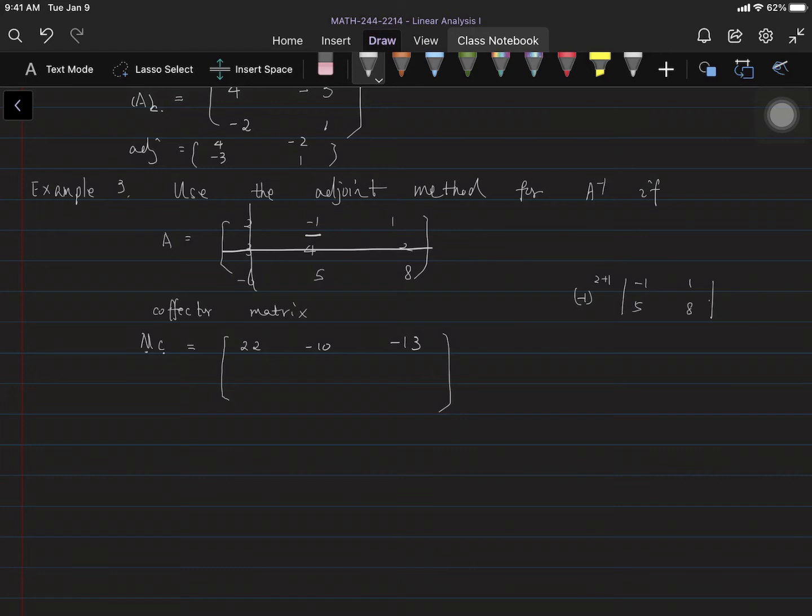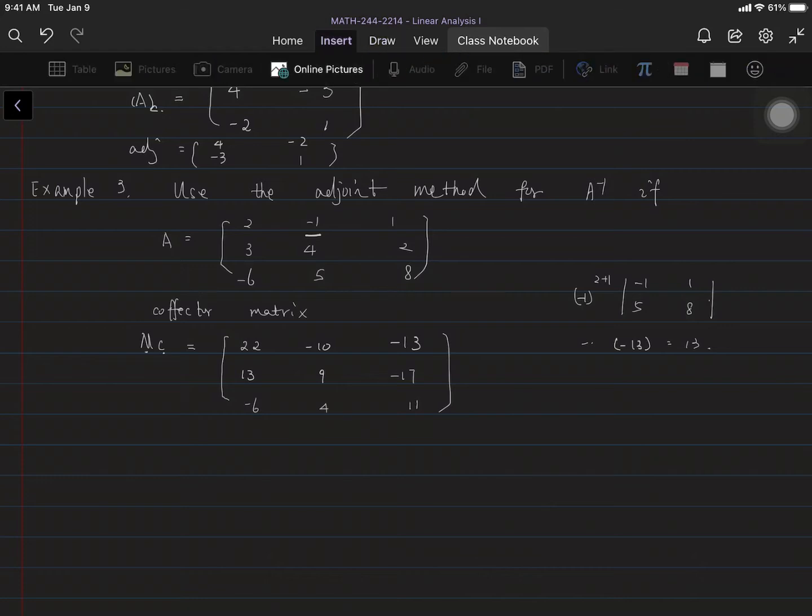Okay, so here should be negative times negative 8 minus 5, negative 13, so it should be positive 13. So we skip the other calculation. I think you already got the idea how to calculate the cofactor of each element, right? So the next numbers' cofactors should be 9, negative 17, negative 6, 4, and the last one is 11.